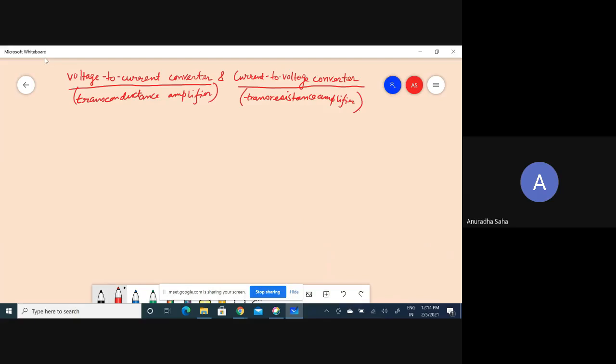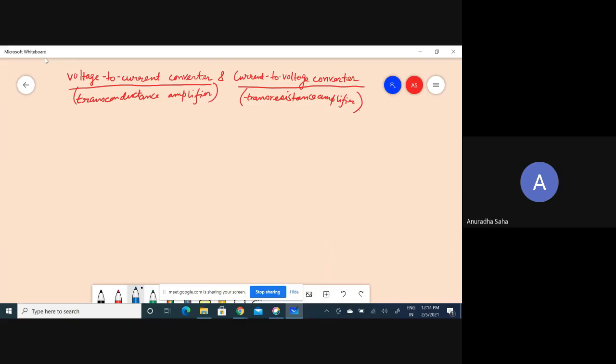If I start with the voltage to current converter, whenever we describe the operating principle of these two converter circuits, in each case we need to show the operation in two different circuit diagrams, right?